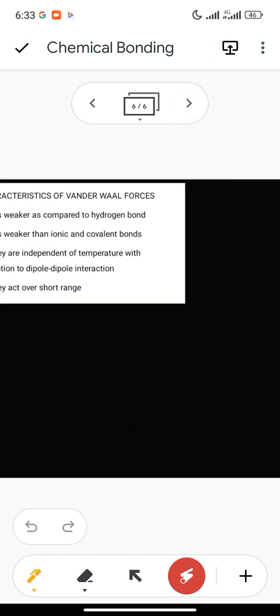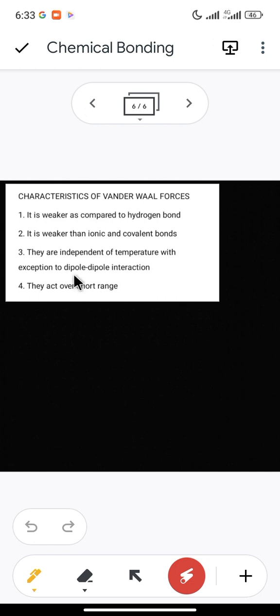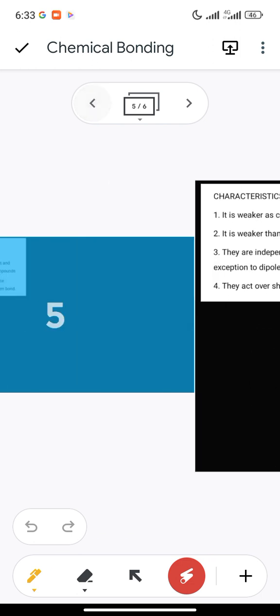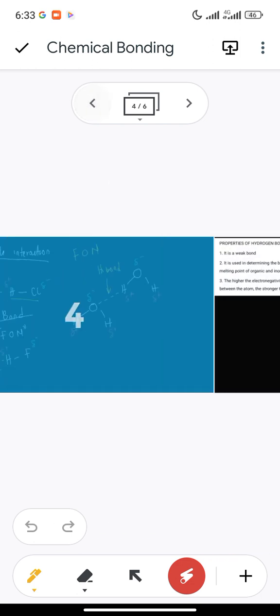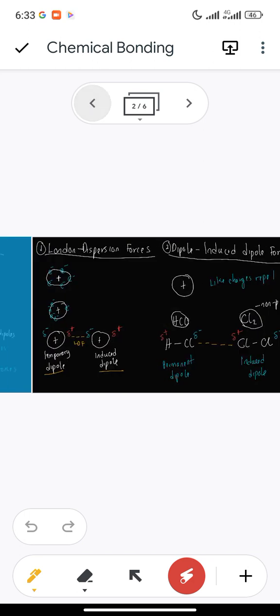So this is the only exception. The only exception is the dipole-dipole interaction. Now they act over a very short range. Yes, van der Waals forces act over a very short range. So this is basically just what you need to know. Now let's go over everything we said from start to finish.